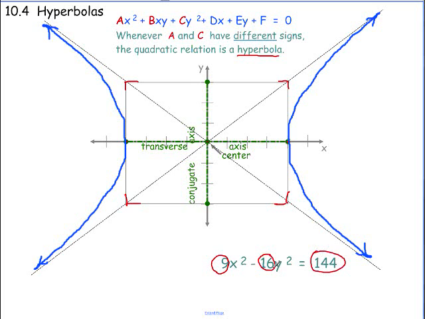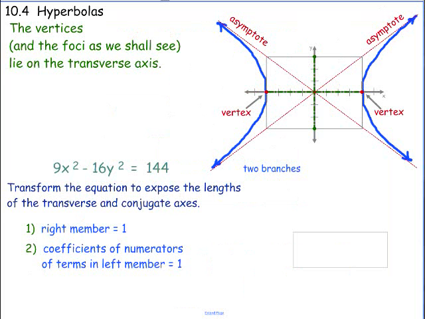But all those matter, as well as this is what told us that we had a hyperbola. The vertices and the foci, as we see, lie on the transverse axis. We just talked about that.